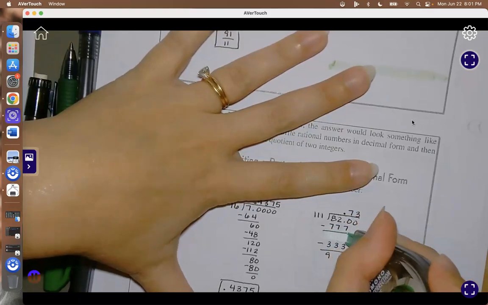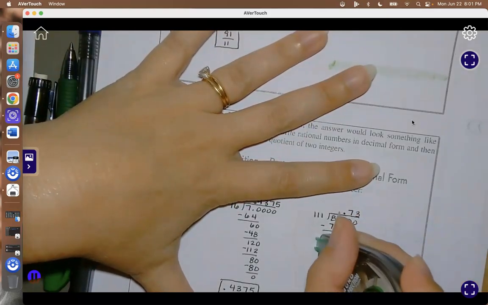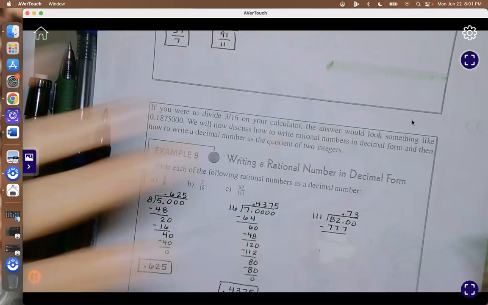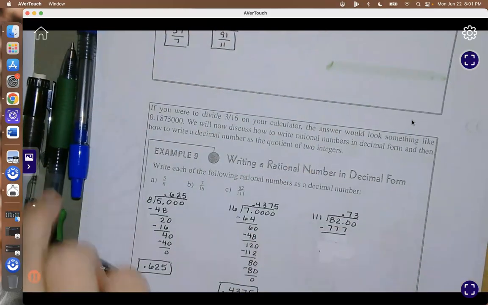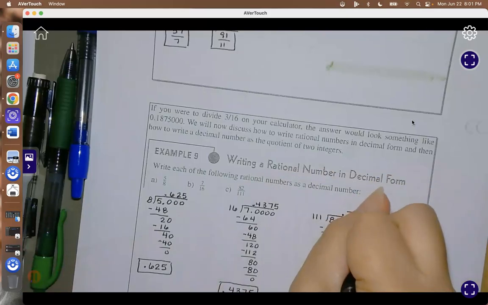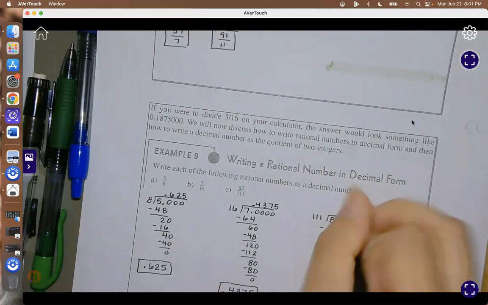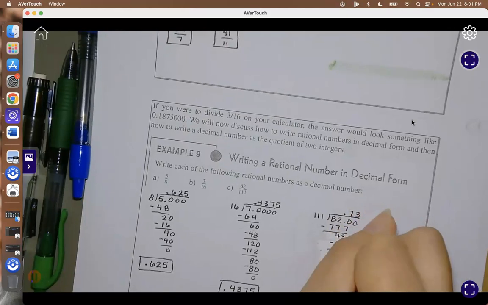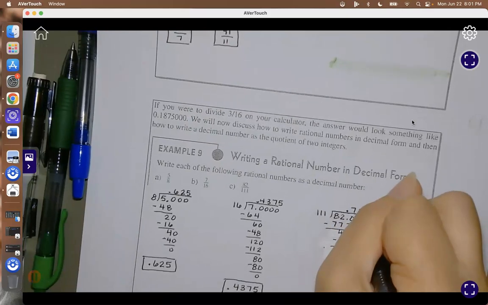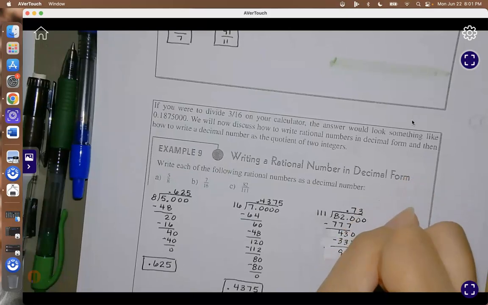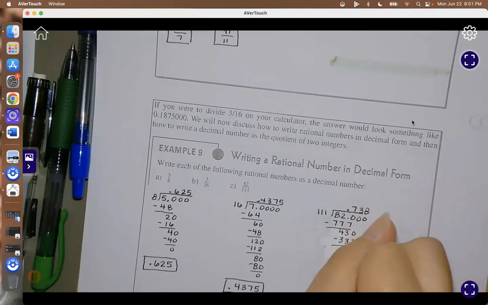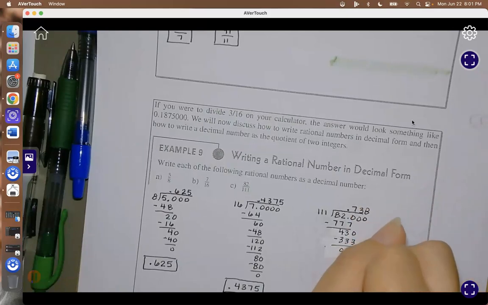Hang on 1 minute. I wrote that a little crooked. That'd be 43. Bring down the 0. That'd be 333. That'll be 97. Bring down the 0. That'll be an 8. That'll be 888.